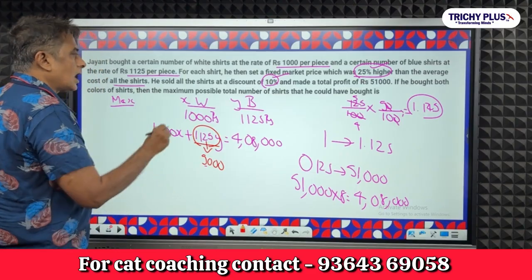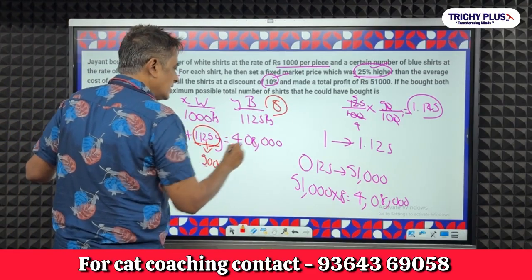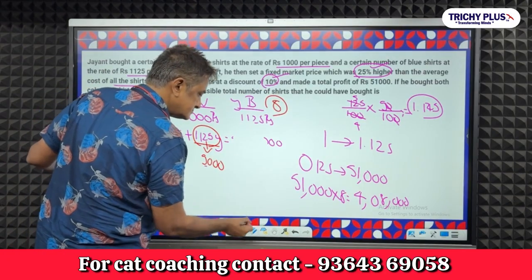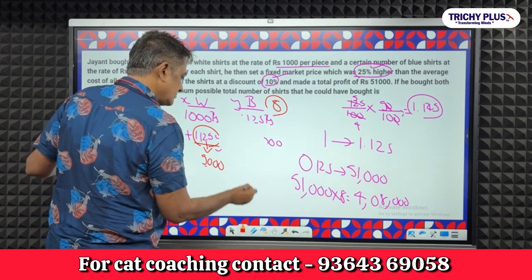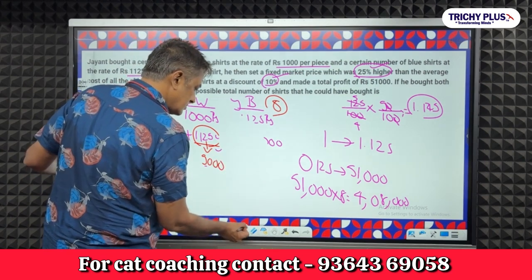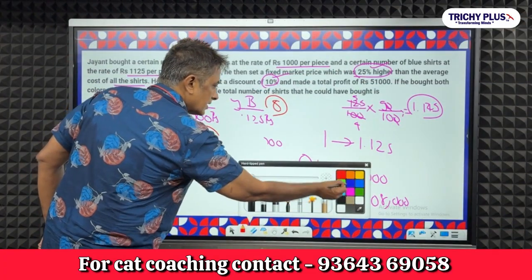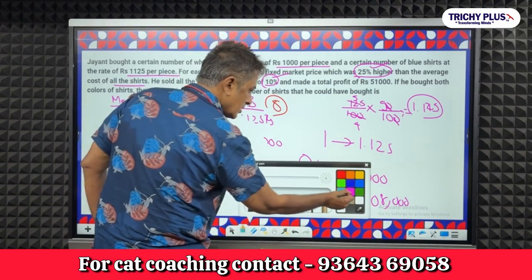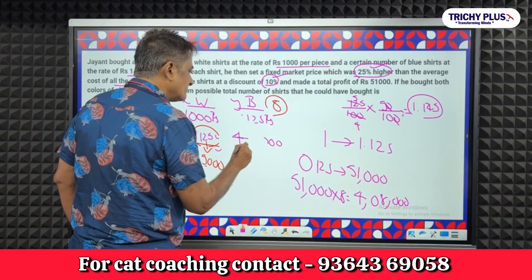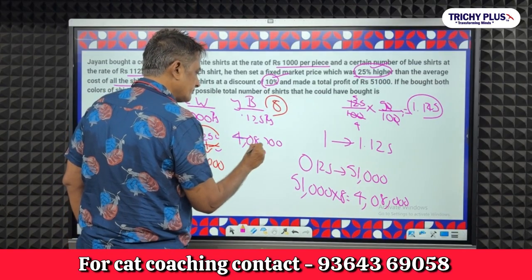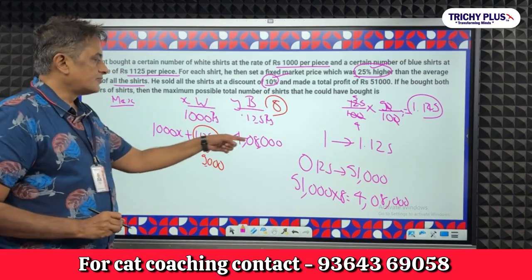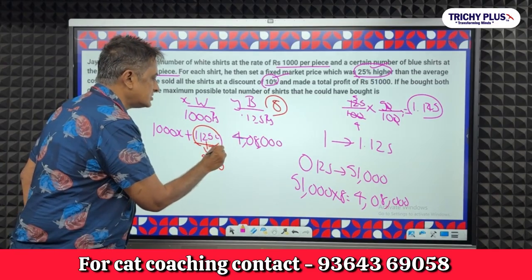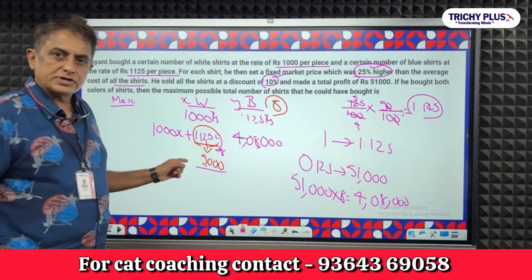Right? So I have to buy 8 shirts here, and 8 shirts give 9000. So in 4,08,000, I brought 8 shirts at 1125. Only by buying 8 shirts do I get 9000, a round number.